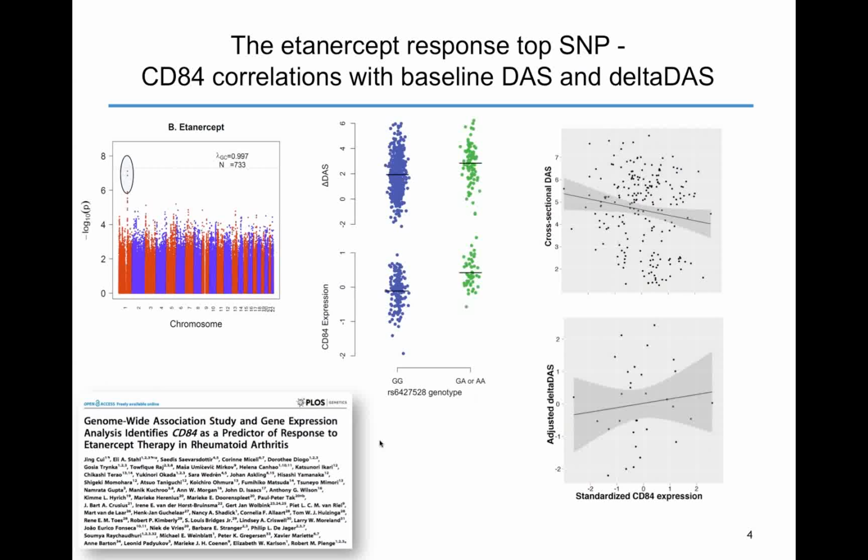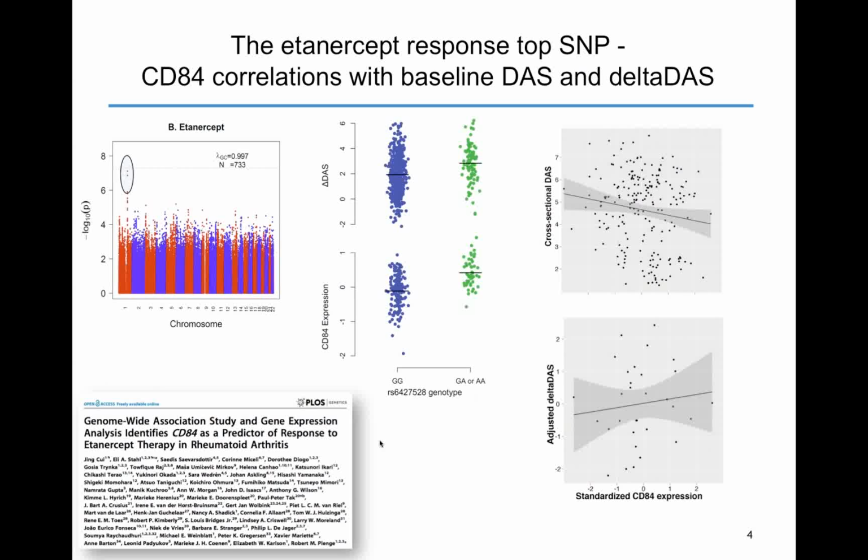The top SNP is shown here for response to one of the 3 drugs included in this study, etanercept, which is a soluble receptor and a slightly different mechanism than the monoclonal antibodies.